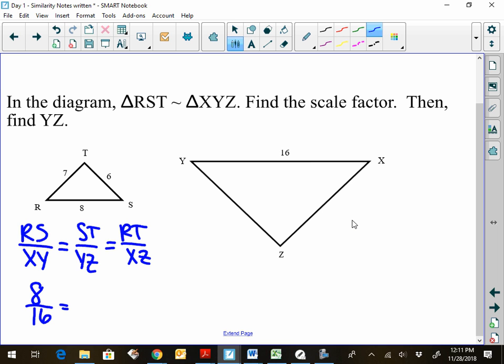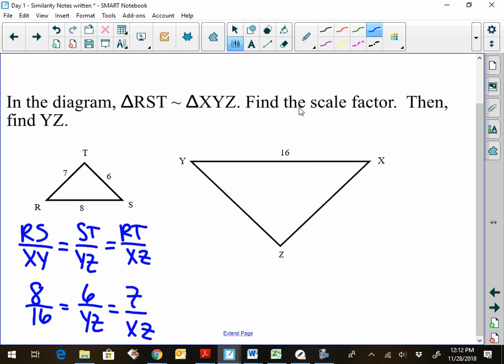ST is 6, and YZ I don't know, but I can leave that. And then RT is 7, and XZ I don't know. That 7 is looking close to a Z, but this is a 7 right here.